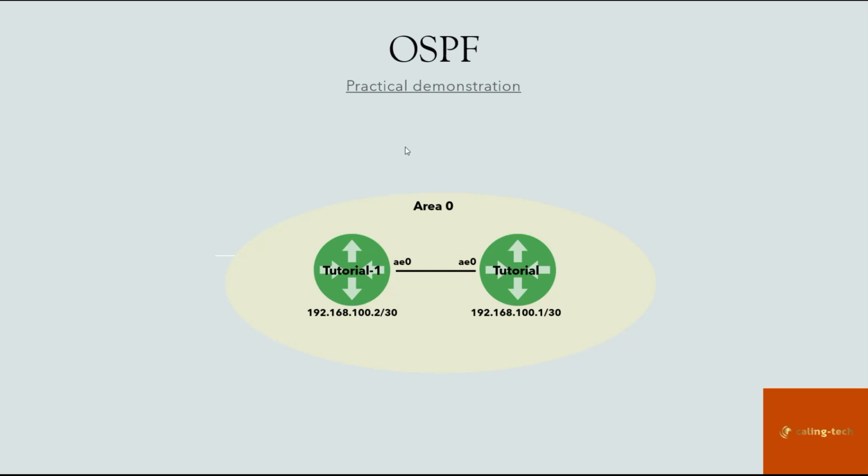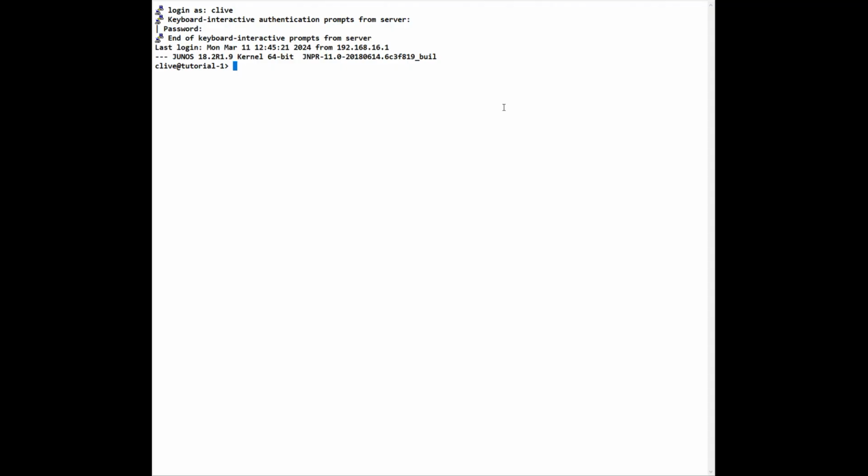We'll go through the practical demonstration first, and then we'll have a look at the Wireshark packet so that we know exactly what we're looking for with regards to OSPF, LSAs, and the type of area. So here we are at our configuration screen. We're going to utilize Tutorial and Tutorial 1 routers that we utilized last time.